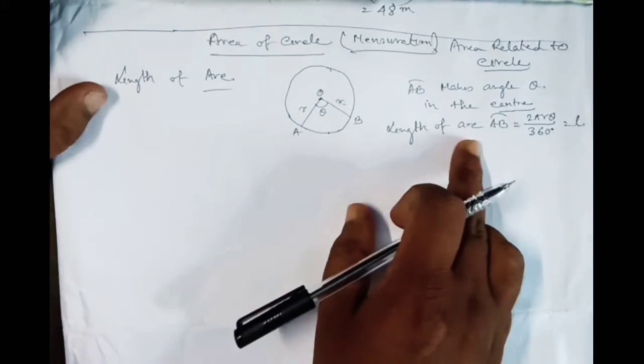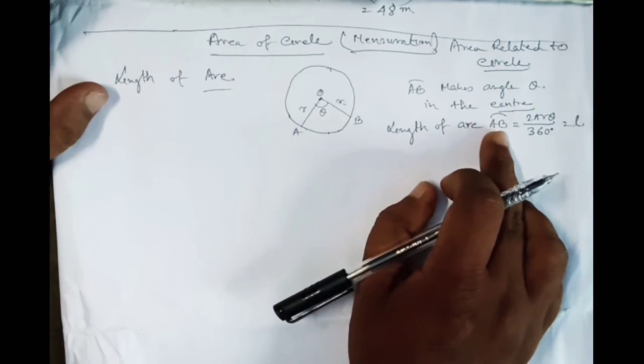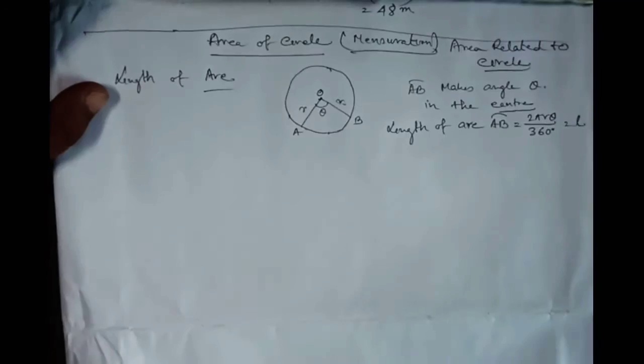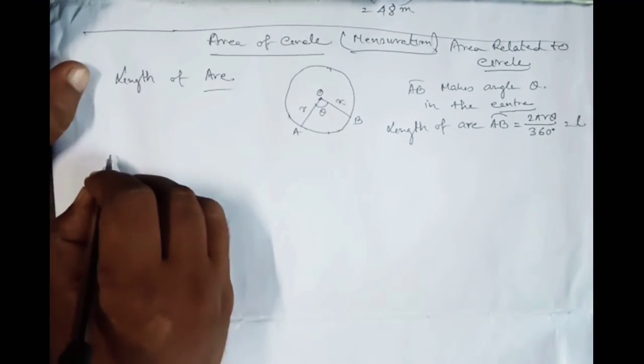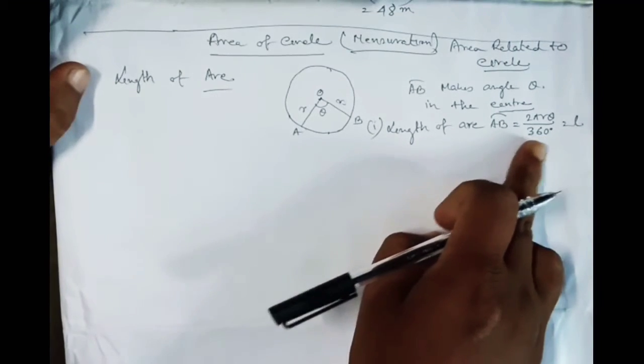This is the length of arc, 2 pi r theta by 360.